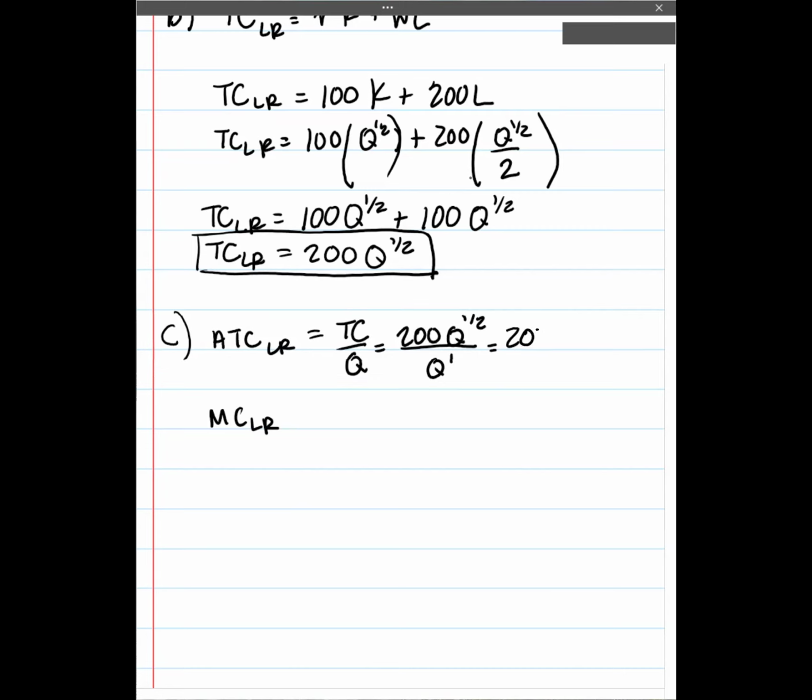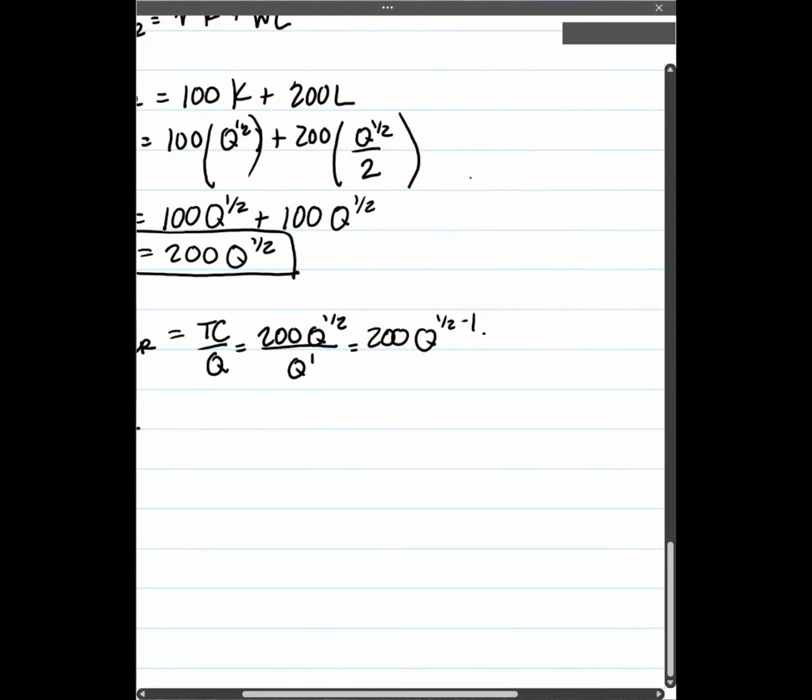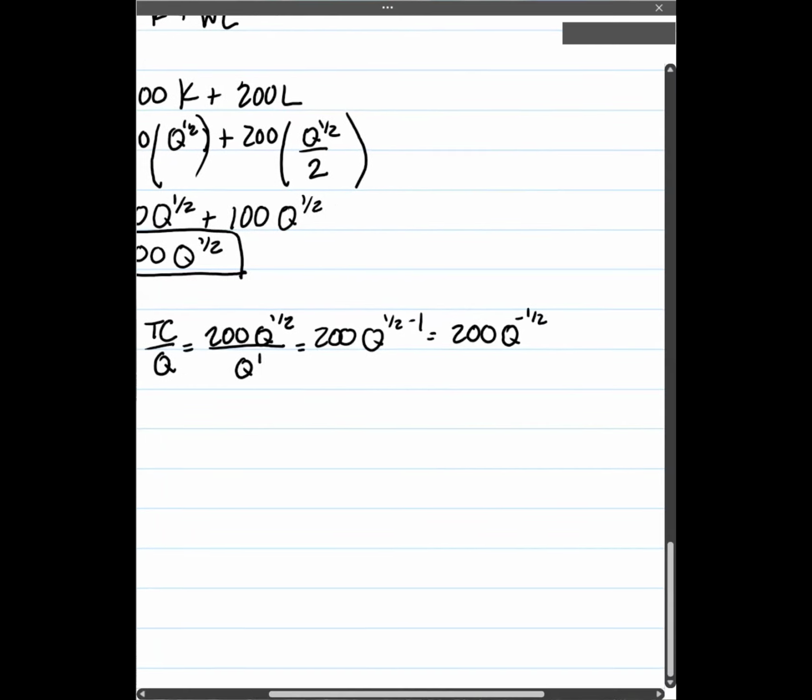So we'll have 200 times quantity to the 1/2 power minus 1, and that's going to give us 200 times quantity to the negative 1/2 power, which will be our average total cost in the long run.